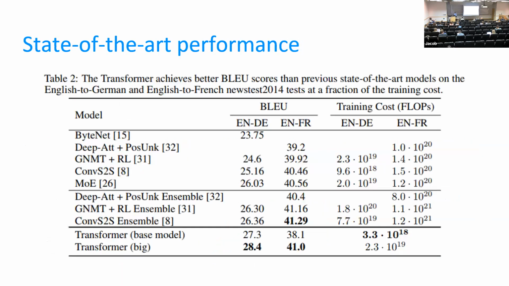As far as the results, transformers do really, really well. So this is kind of the original transformer architecture, which was not robustly optimized, but you can see in this language translation benchmark, BLEU score is a metric for quality of translation.